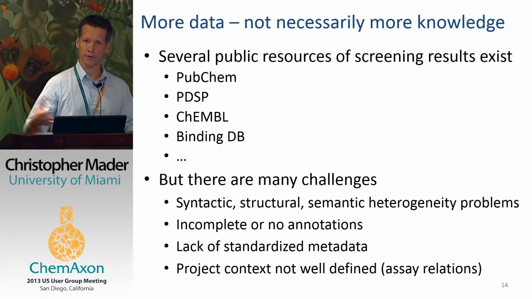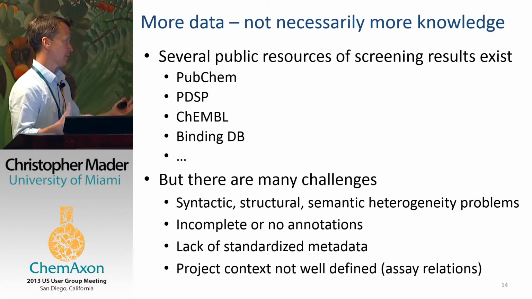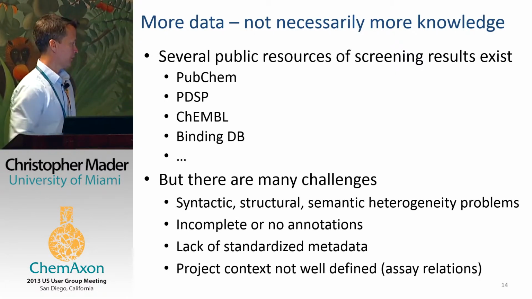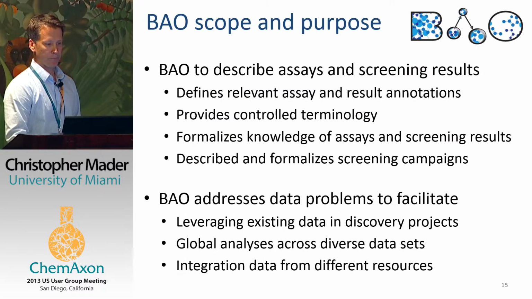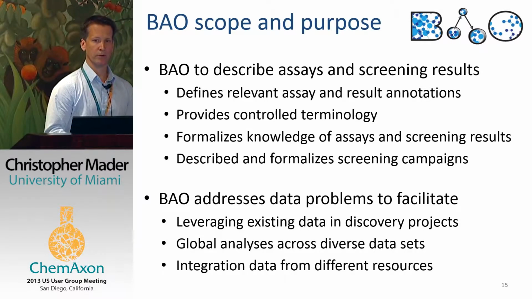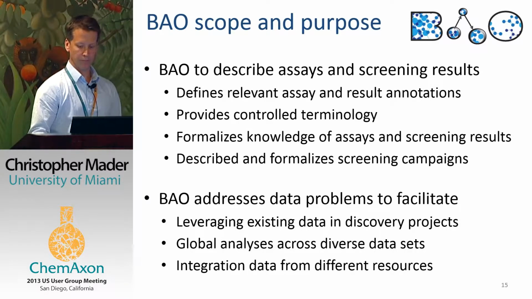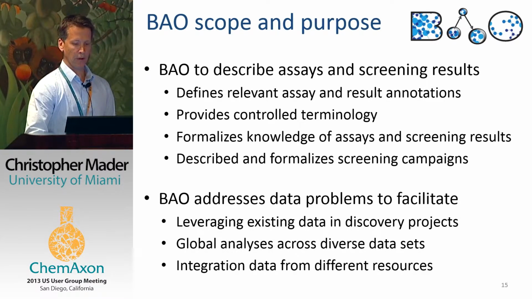We want to come up with some sort of consensus representation that we can use to search things with, at least from my perspective. So the BAO was developed to describe assays, experimental results.